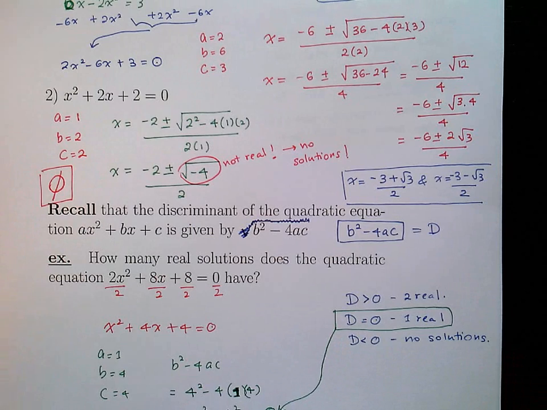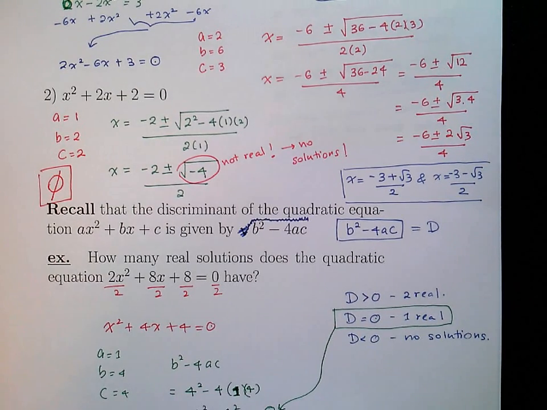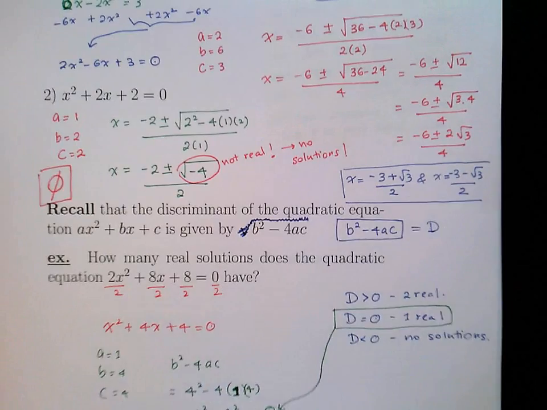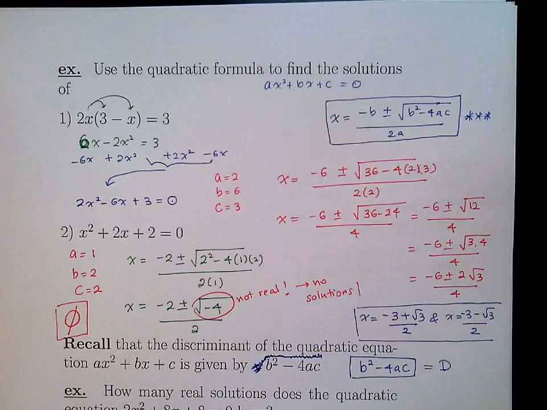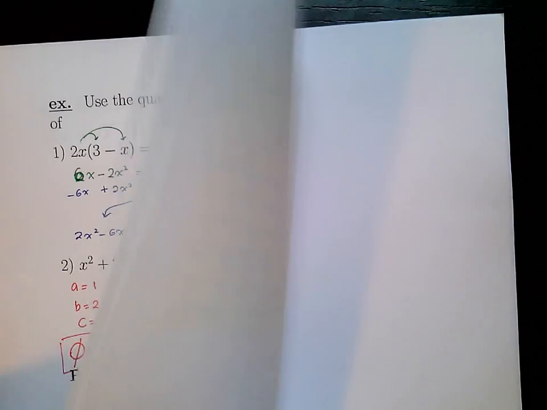So this equation has one solution. So x squared plus 4x plus 4 equals 0 has only one real solution. Okay, so that's that. Let's move on to the next page where we solve some different type of equations.